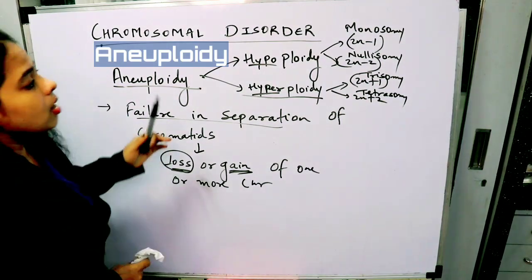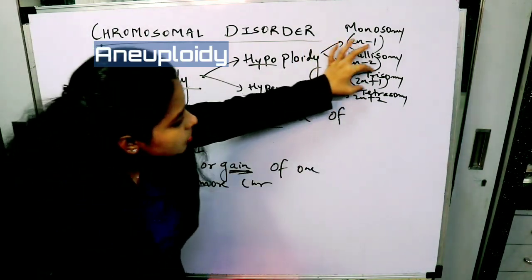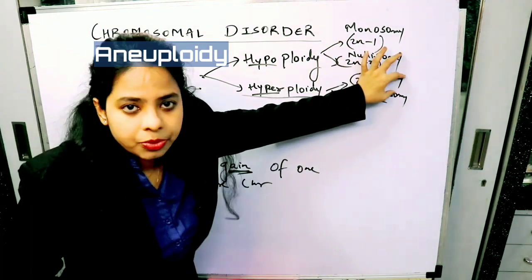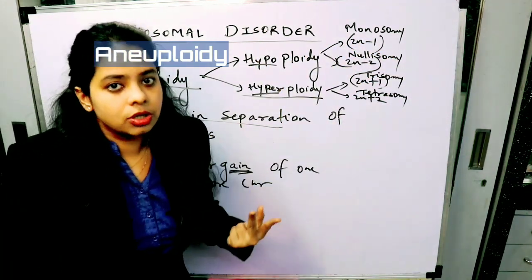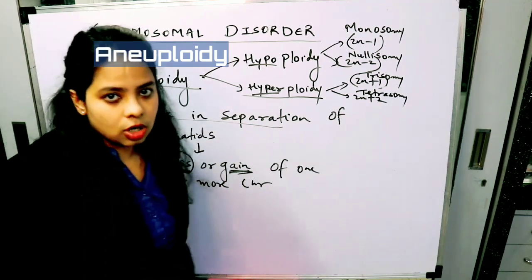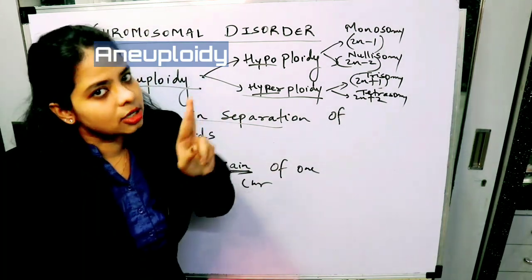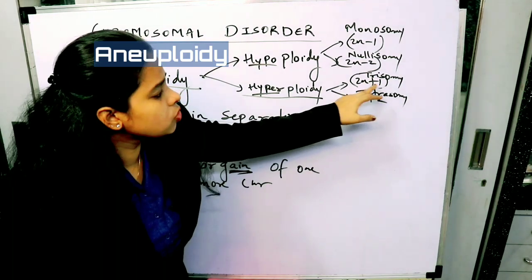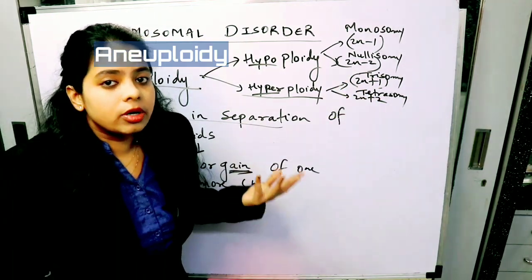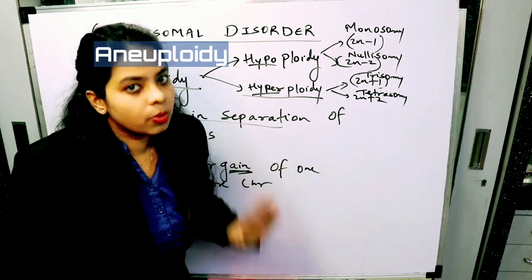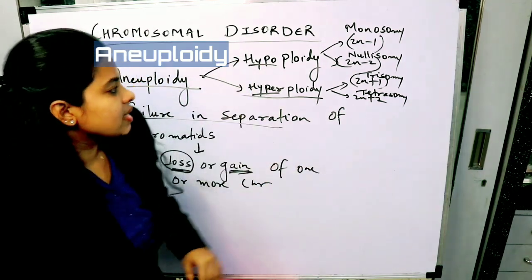I hope it is clear. The example of trisomy is trisomy 21, where on the 21st position in humans there is one extra chromosome along with the pair, that is 2n plus 1, known as trisomy, and this syndrome is known as trisomy 21. That is one of the examples.